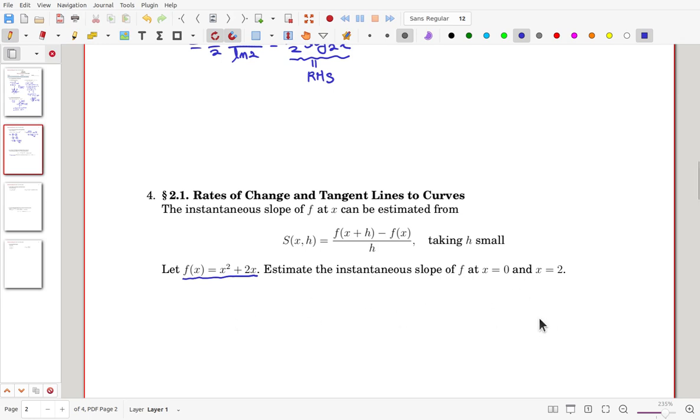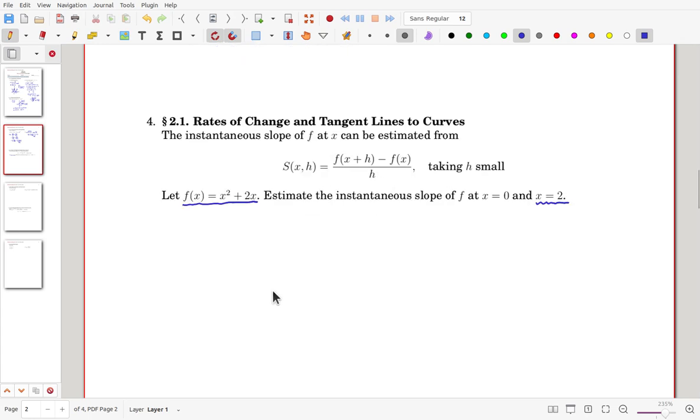Okay, here we'll do only this case, x equals 2. Then start with the quotient at x equals 2 and h. That is the same as f(2 plus h) minus f(2) divided by h.